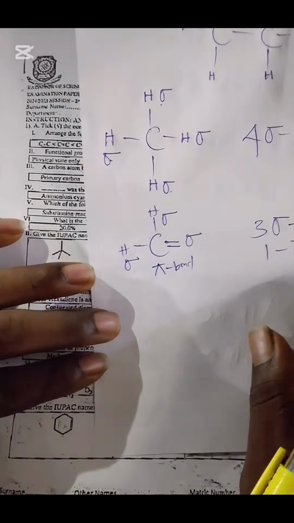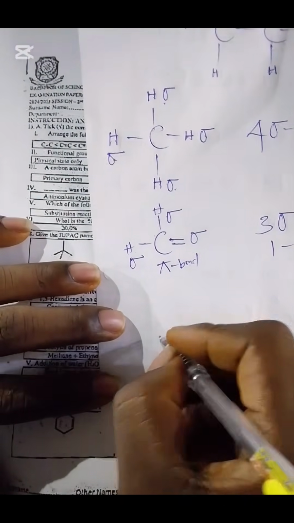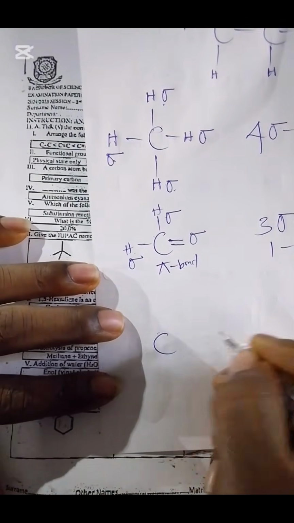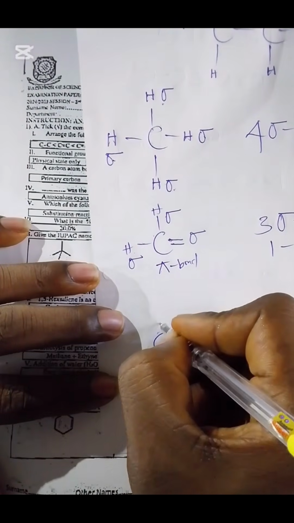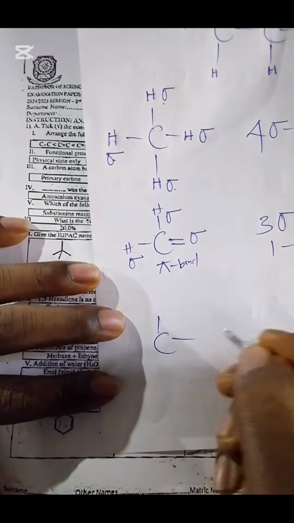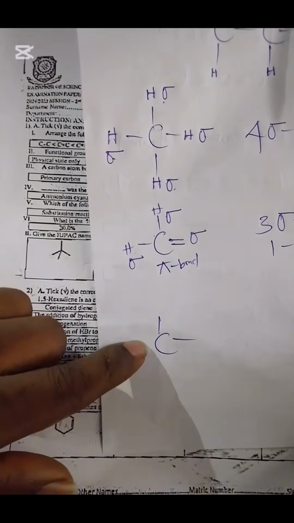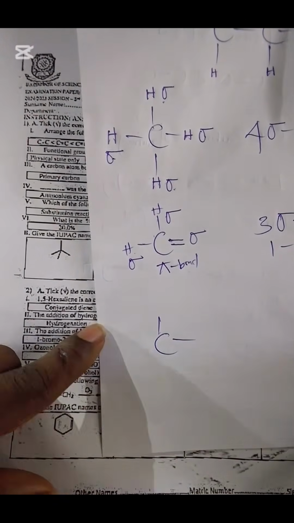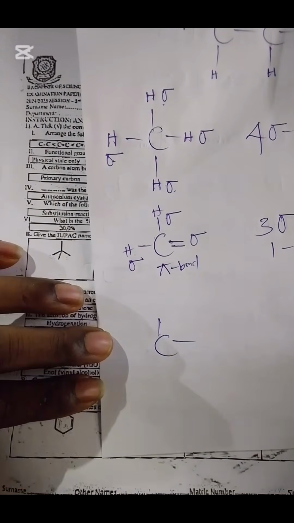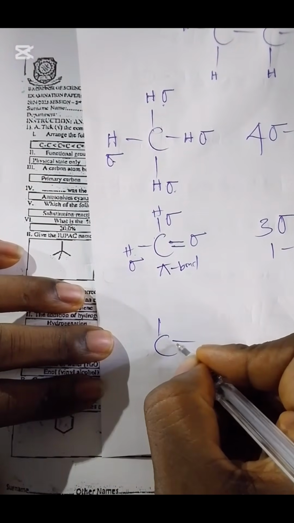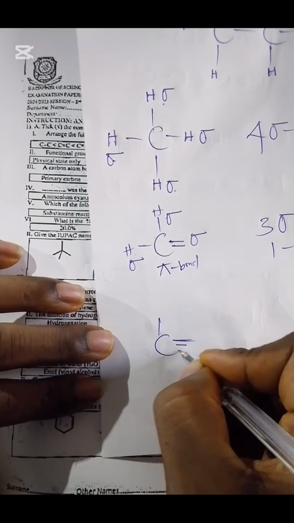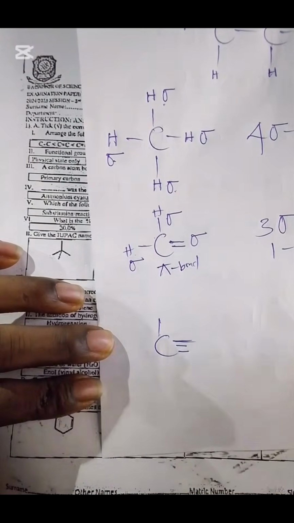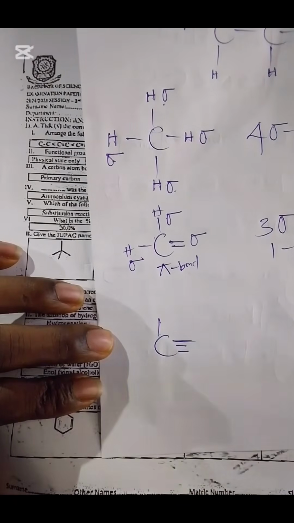Also, let's consider another diagram. If we have one carbon and, because there's no bond at this point or this point, we can say that this is a triple bond. 1, 2, 3 plus this gives the total of 4 bonds from carbon.